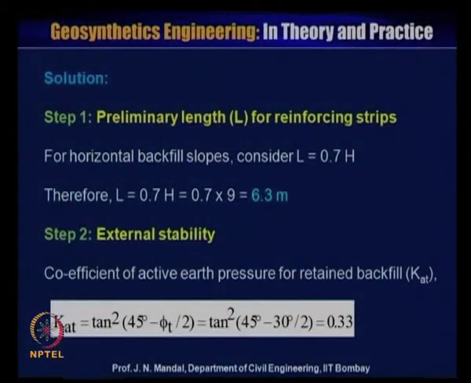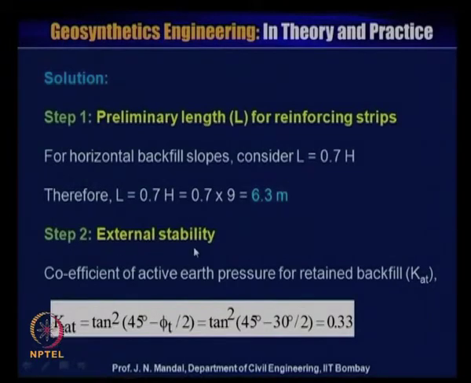So, for general purpose design of reinforced soil wall, you can consider length as 0.7 times the height of the wall. So, first step, preliminary length for reinforced strip, L is equal to 0.7 h. You know the height is 9 meter, so length is 0.7 into 9, that is 6.3 meter.